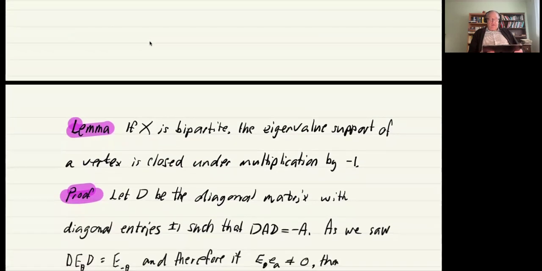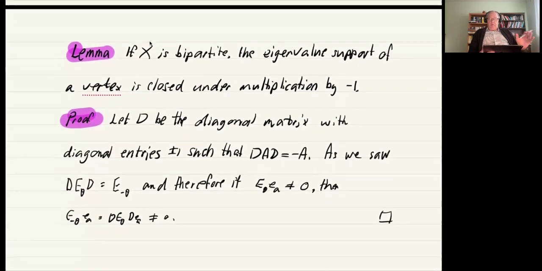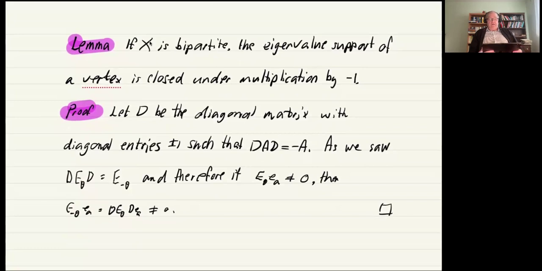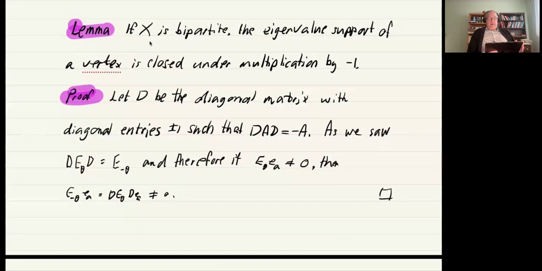So I'm going to look at bipartite graphs and then at regular graphs. Now, if X is bipartite, the eigenvalue support of a vertex is closed under multiplication by -1. Now, the proof in the notes with Gable is just wrong at this point, but we'll have to fix that. But anyway, here's the proof.